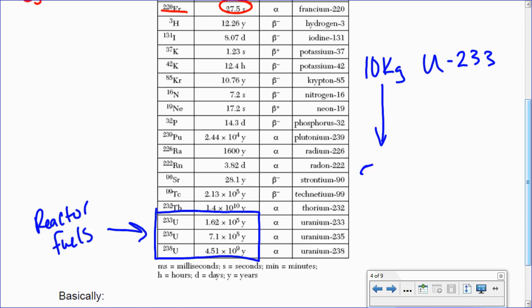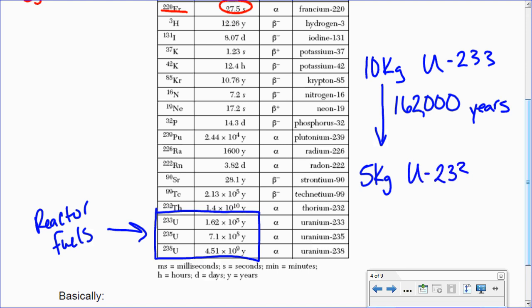For it to decay into 5 kilograms of uranium-233, it'll be 1.62 times 10 to the 5th years. So 162,000 years for it to decay into 5 kilograms of uranium-233, which is still pretty radioactive stuff, and 5 kilograms is nothing to joke about. So another 162,000 years later, you only have 2.5 kilograms of uranium-233.